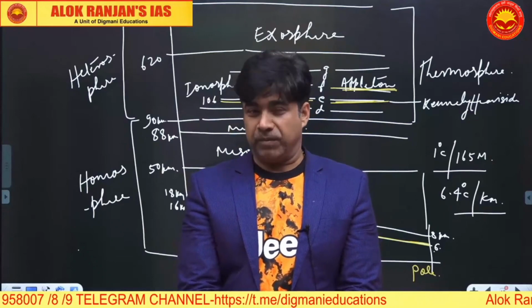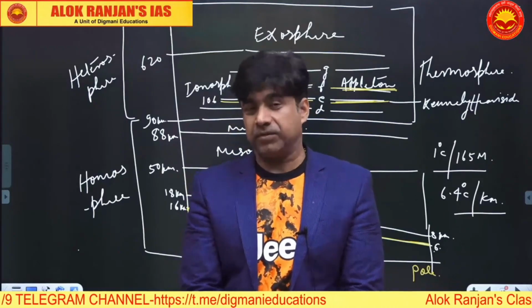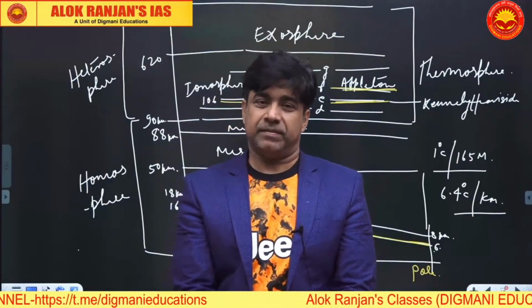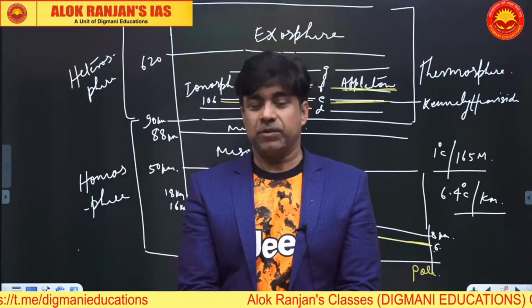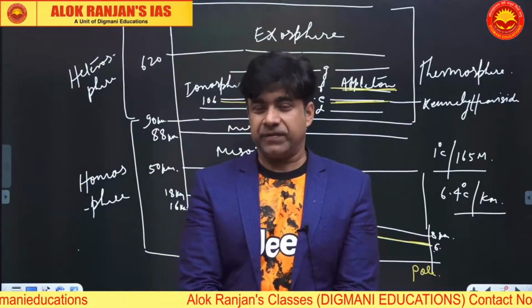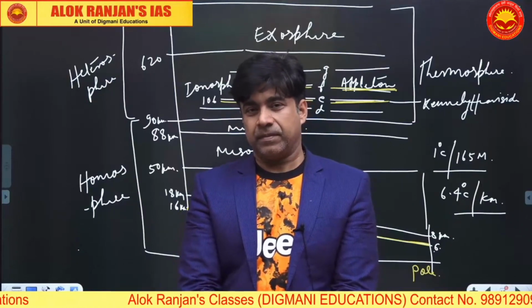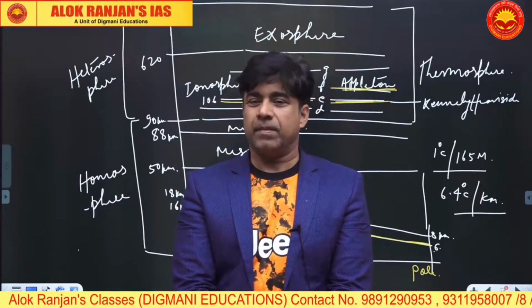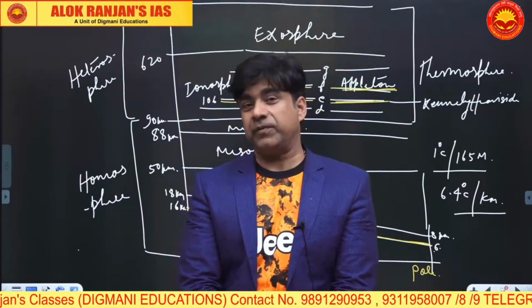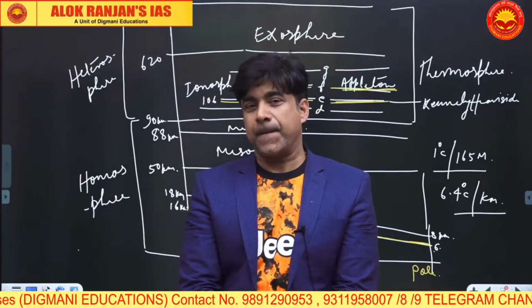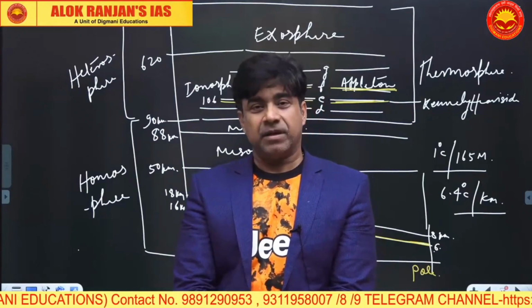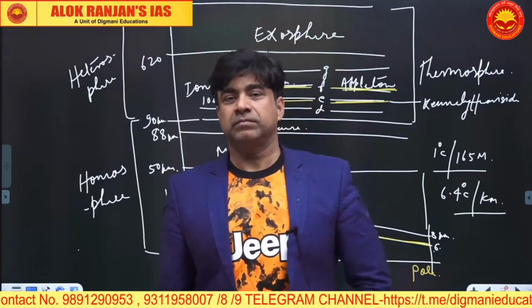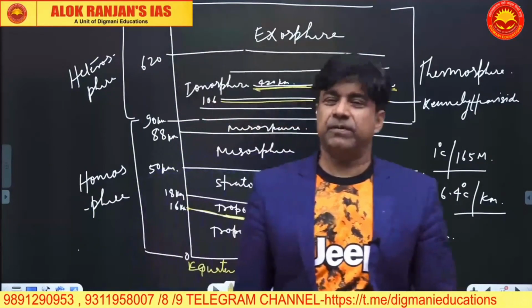Hence, the volumetric increase in the gases is responsible for the greater height of troposphere along equator.